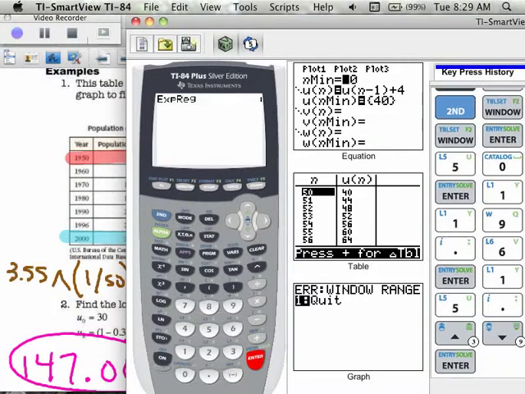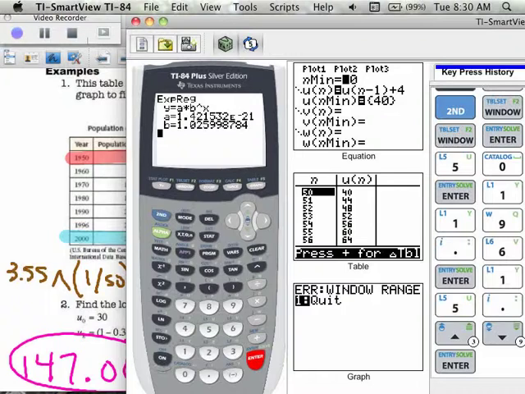And if you hit enter, you will see that the B is the rate that you're looking for. And notice that this calculator calculates it as 1.026. So we're only 1/1000th off the other way. So there are two ways to do it. One way, the way I showed you algebraically, or the second way, put it in your list and use exponential regression.